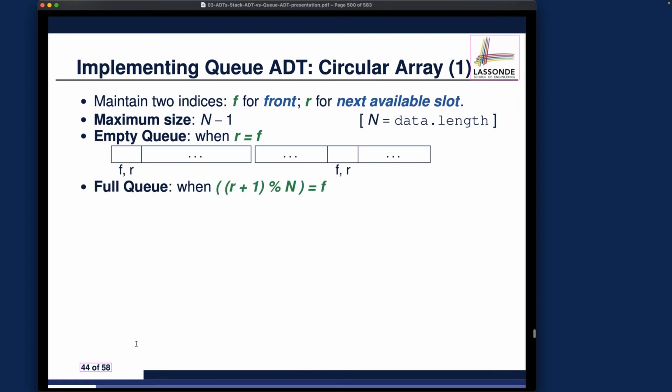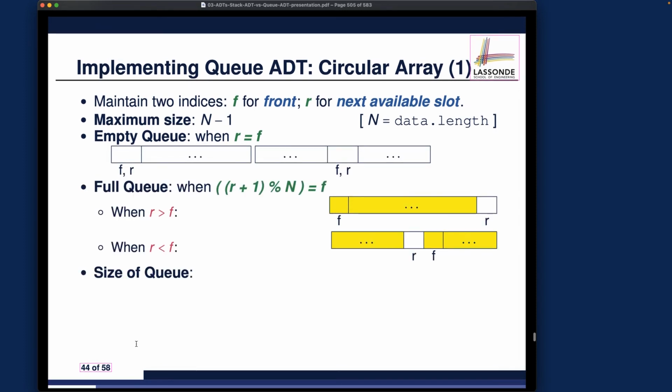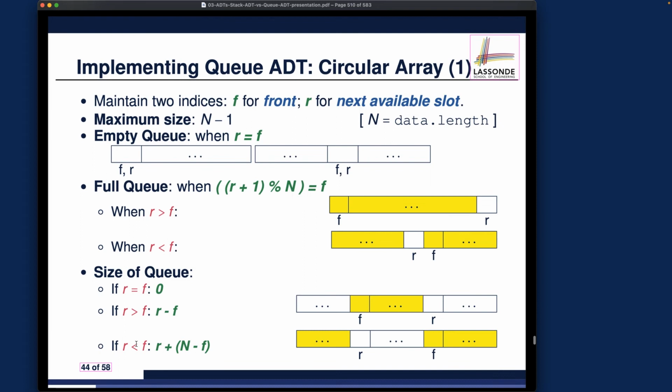I'm going to illustrate all of this using examples on my iPad. We'll do it together, but this is a summary page that you can study by yourself. It is completely general, using arbitrary values of R and F, and you do different expression checks and calculations to, for example, calculate the size of the queue. I'll leave that to you to study on your own.